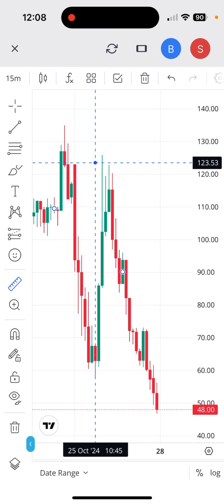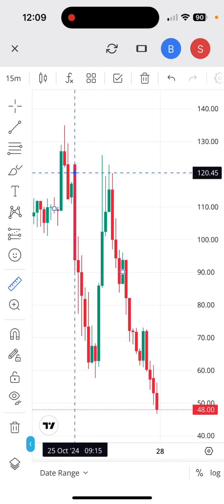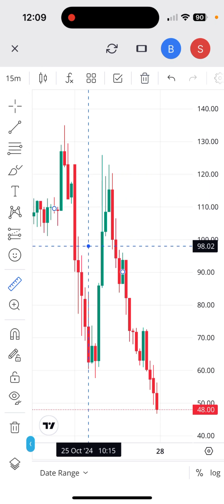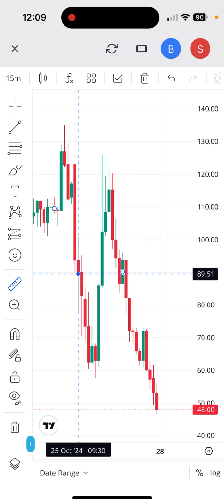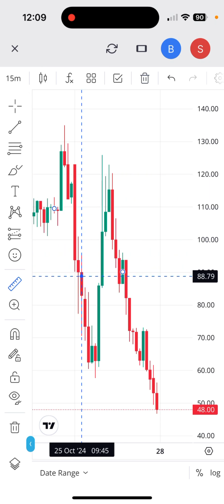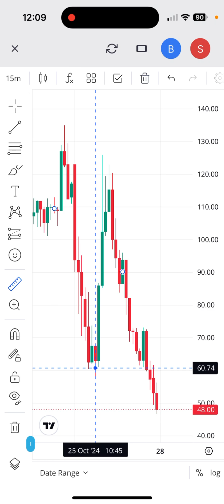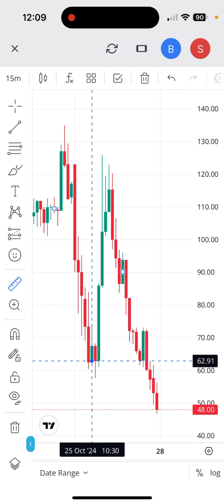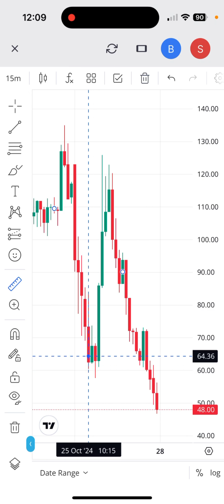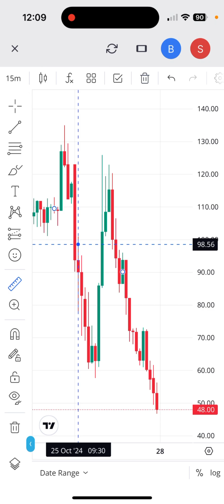So 9:15, 9:30, 9:45. If I would have sold this at 288, for example, then straight away it has gone to 60, 62, 60. So you can see the movement.